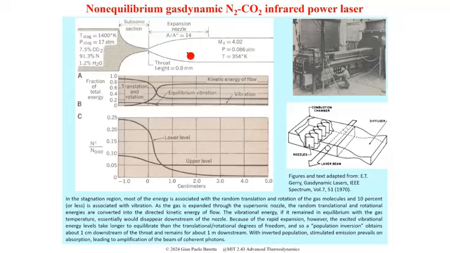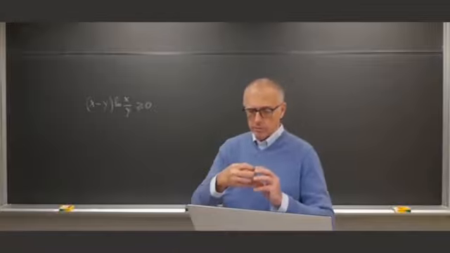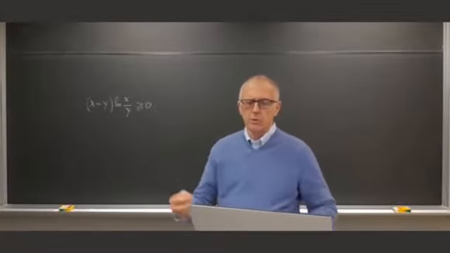What happens here is that as the rapid expansion occurs, also here we have sonic and Mach 4 at the exit, so it's similar to the other problem. What happens is that here you have a lot of random kinetic energy of the thermal agitation of the molecules, and the nozzle takes that kinetic energy and transforms it into a streamed kinetic energy of the flow, like a bulk velocity.